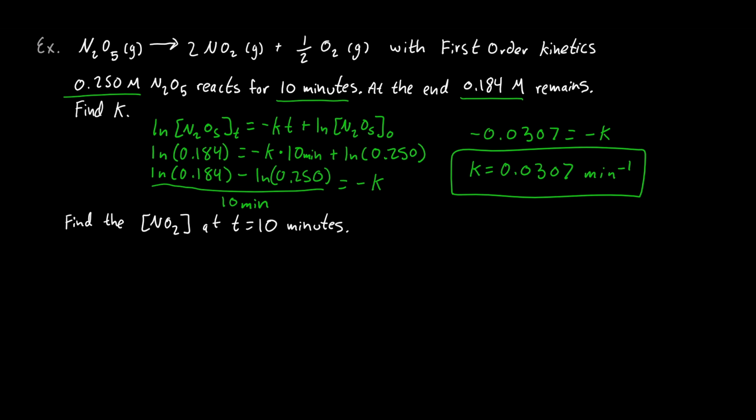Next, we're asked to find the concentration of our product, NO2, at time is equal to 10 minutes. So let's think about what's happening here. We're starting with 0.25 molar of our reactant, and our reactant concentrations are decreasing. And we're not starting with any of our products.